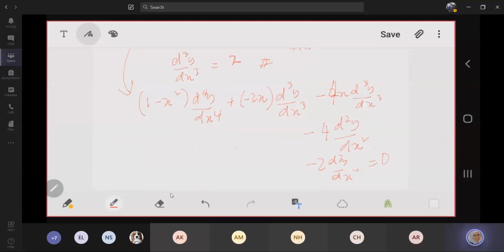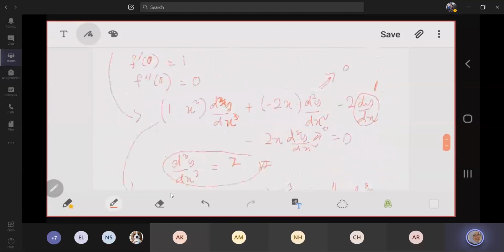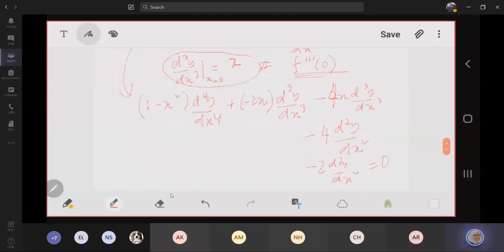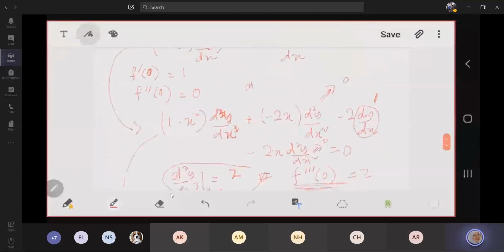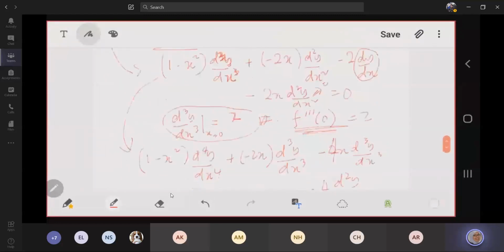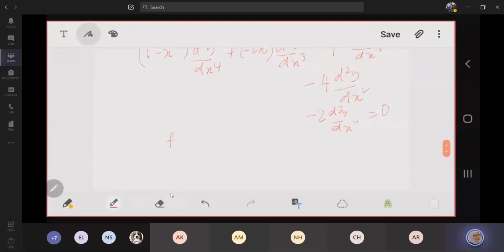So you put in this thing, because x equals to 0. Sorry, this one is like f triple prime of 0 is equal to 2. So you put in this value, equals to 2, and then you put in this one and that one, then you will get what this thing is.